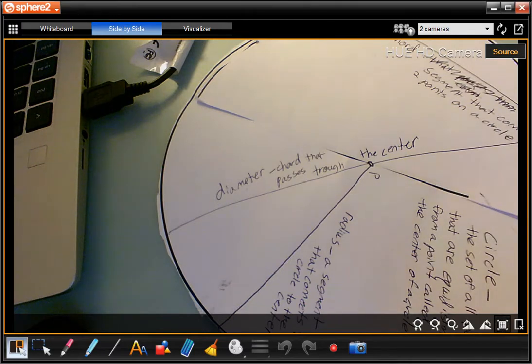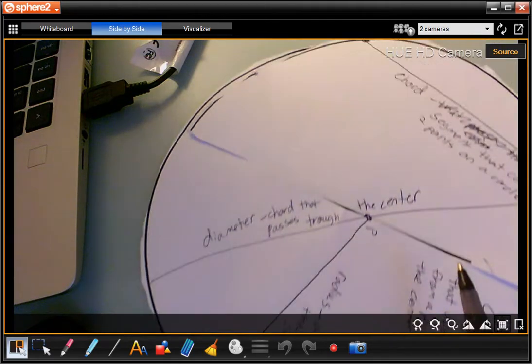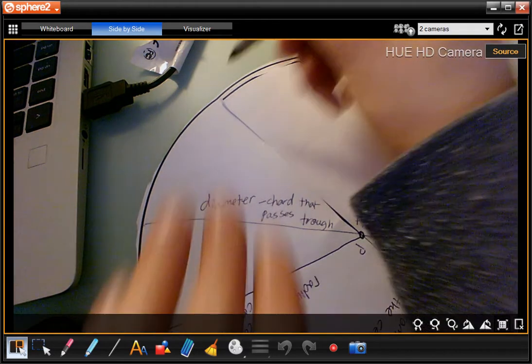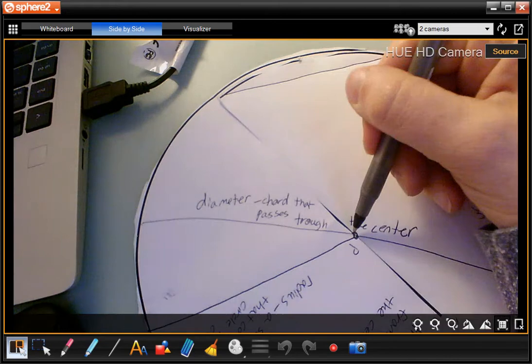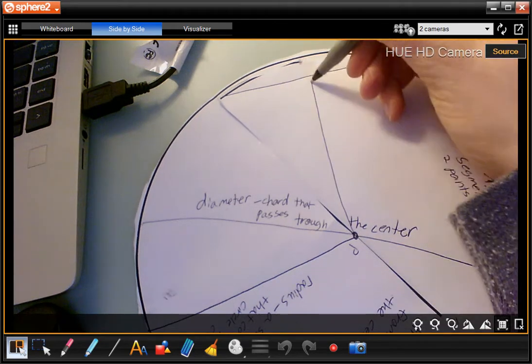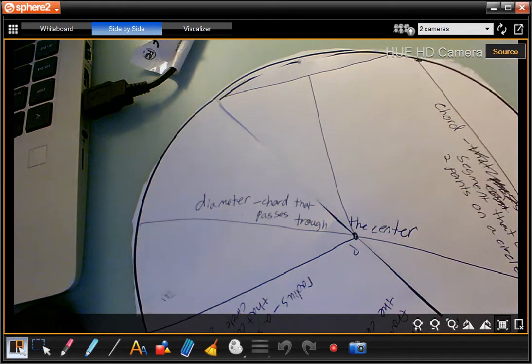Okay, so we are going to talk about a little bit of a relationship between a chord and a radius. So I'm going to draw this other picture right here at the top. So I've got a chord, and then I have a radius that comes up and meets that chord. Now, if my radius comes up and meets that chord, we have something special going on.